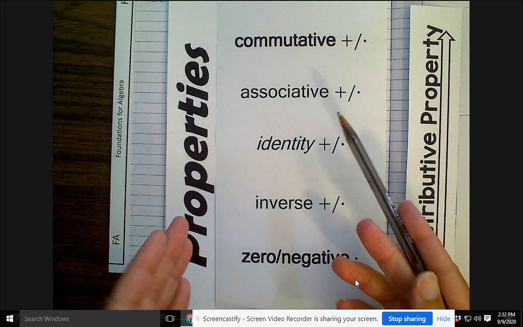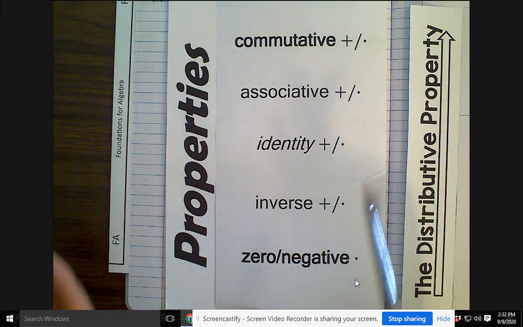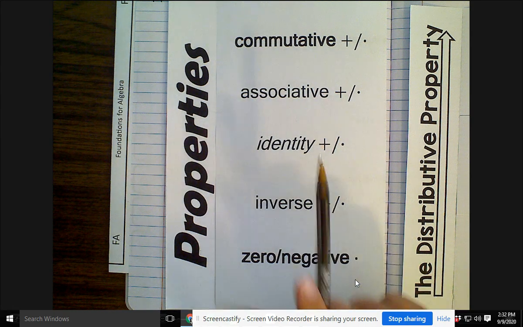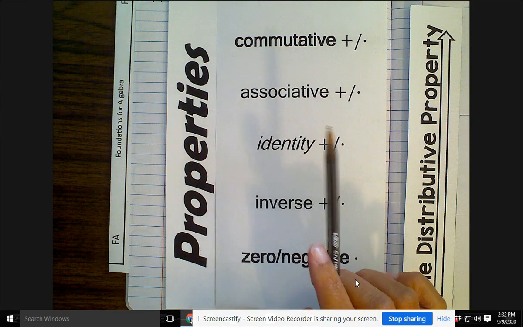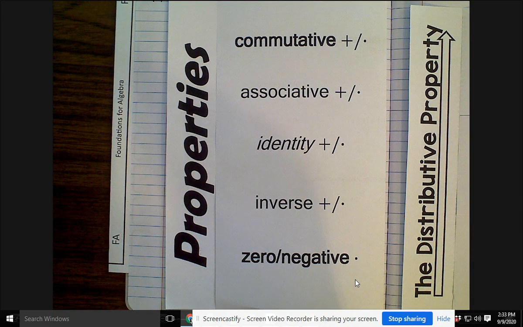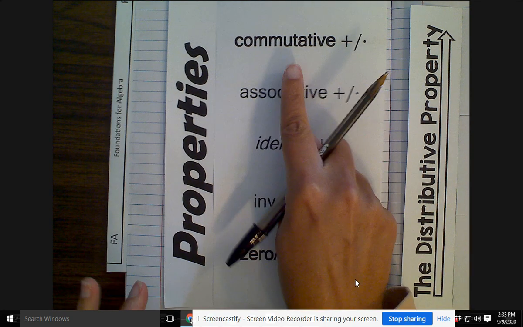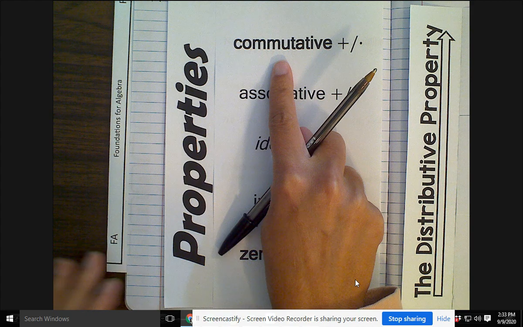Now, I like geeking out about this stuff because it's super mathy, but we're going to do our best with it, and I'm sure you'll be fine. Okay, so when we're talking about properties, we're essentially talking about what is allowed to do with numbers and what's not allowed.